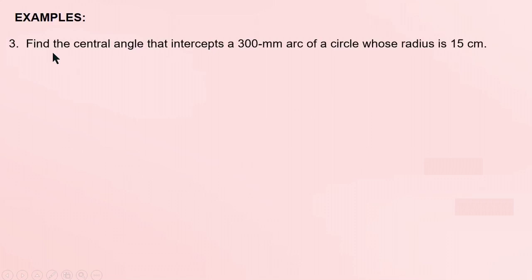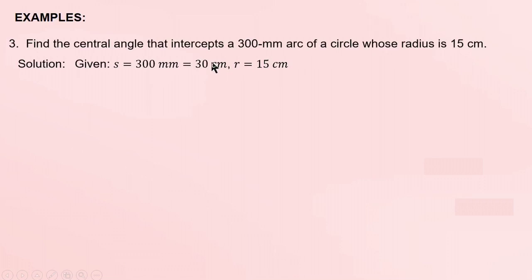Number 3. Find the central angle that intercepts a 300 millimeters arc of a circle whose radius is 15 centimeters. We have the value of s, or the arc length, which is 300 millimeters, and a radius of 15 centimeters. Take note, s and r must be expressed in the same unit.